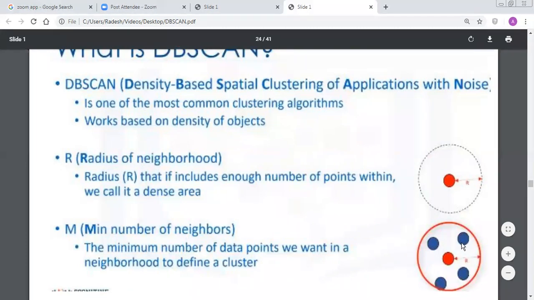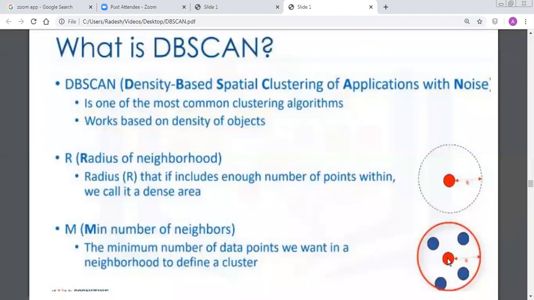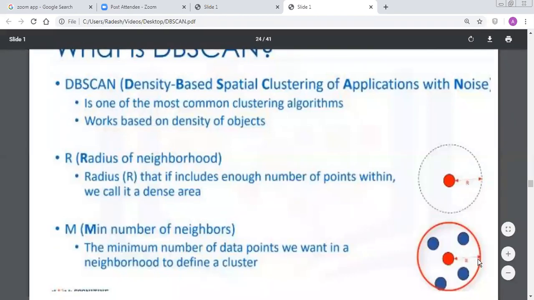So we have 4 different data points represented in blue color, and this red one is the core point, because by taking it as the center, we have drawn a radius and encircled this particular area. The points falling in this radius we call the neighborhood, and they have become part of this circle.